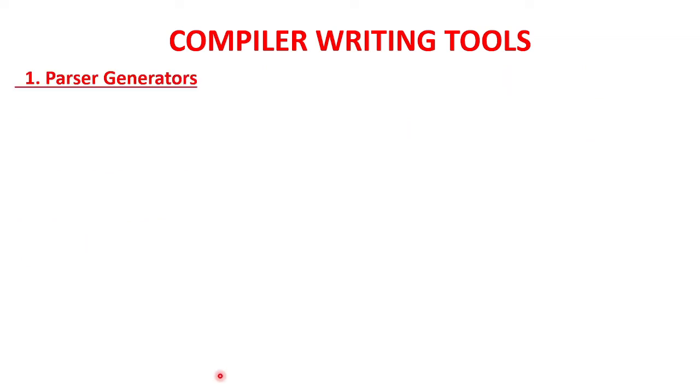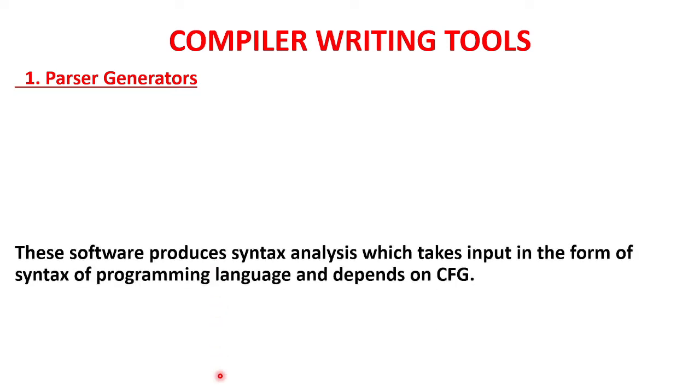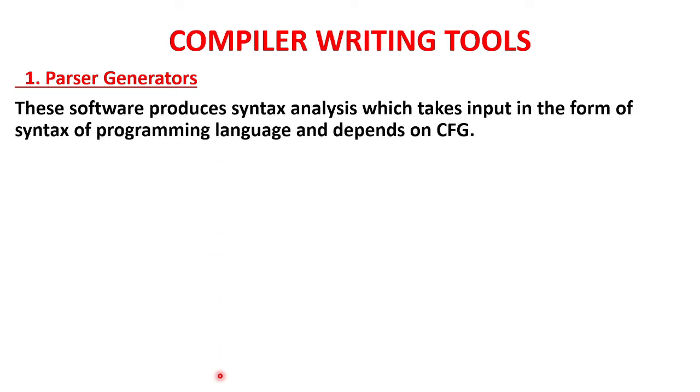Now the first tool we will see is the parser generator tool. What does it do? These softwares produce syntax analyzers which take input in the form of the syntax of a programming language and depend on context-free grammar. You need the syntax of the programming language, and by using it, the parser generator tool will provide the syntax analysis.